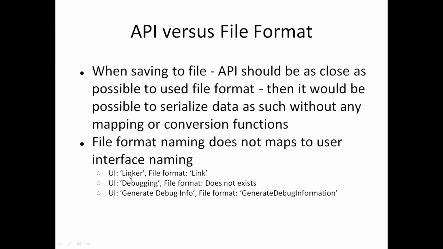In UI we might have, for example, linker. In the file format there is a link XML node. From UI we have, for example, the debugging tab, which does not exist on the file format level. In UI we have generate debug info, and in the file format it is written as generate debug information, without any spaces. So terms are not fully identical, and we need to choose one of them.